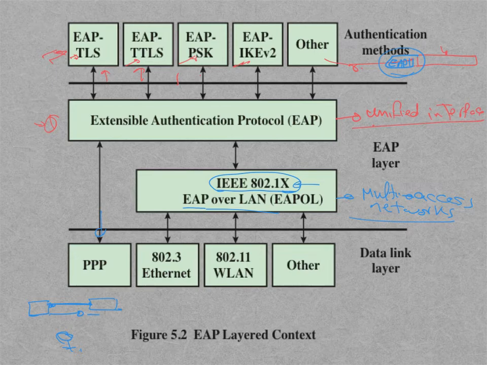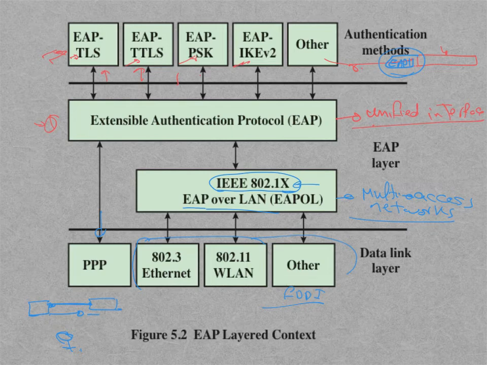So here you see Ethernet is of course multi-access, but physical. Wi-Fi is of course multi-access, but through a wireless channel. Both of them are multi-access. This could be, for example, FDDI, which is fiber optics, multi-access over fiber optics.